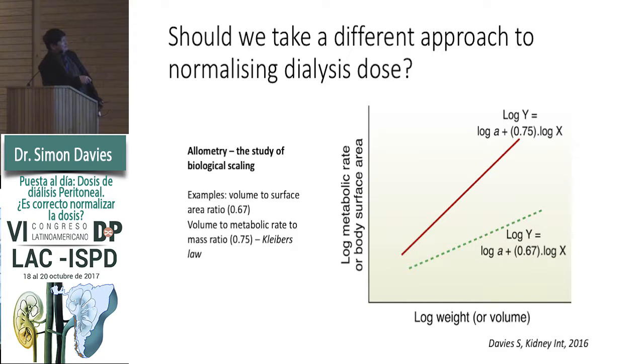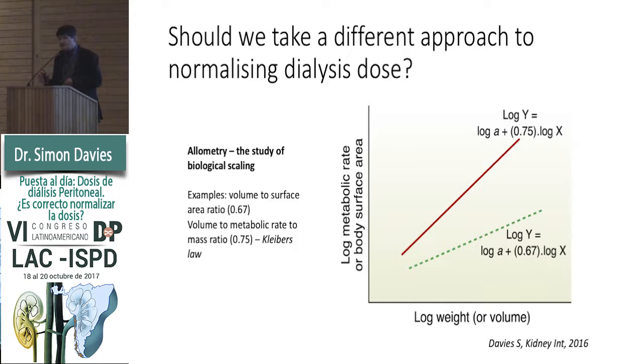There's also another relationship that's been described in the literature, called Kleiber's law. This is a relationship between metabolic rate and mass. You may have seen pictures showing that small animals like mice have a much higher metabolic rate than an elephant, which is a very big animal. This is still the case even within small people and large people.